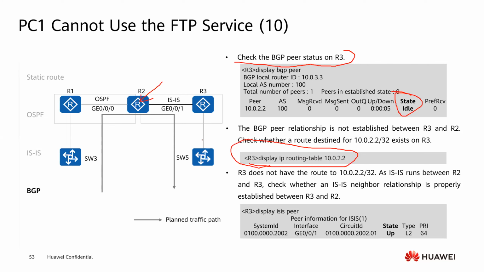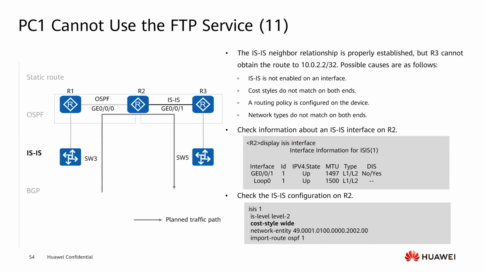Because R3 and R2 use IS-IS as the IGP, we check the IS-IS peer. We found that the neighbor relationship is good, but it can't calculate the route.